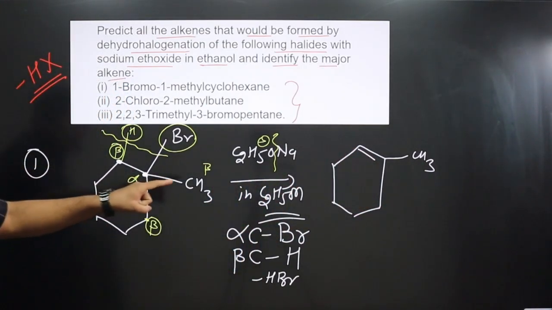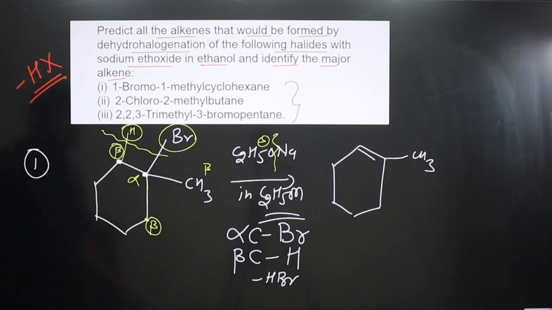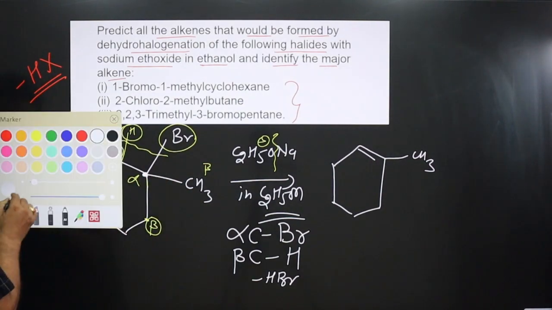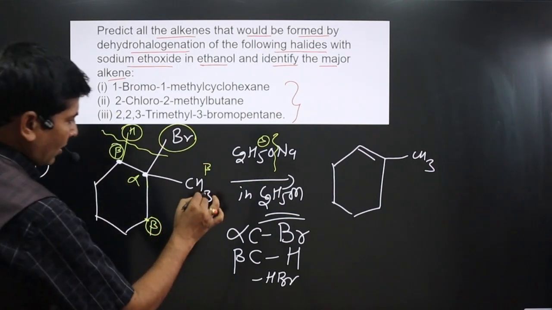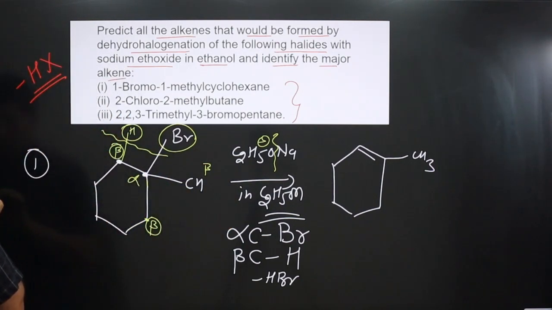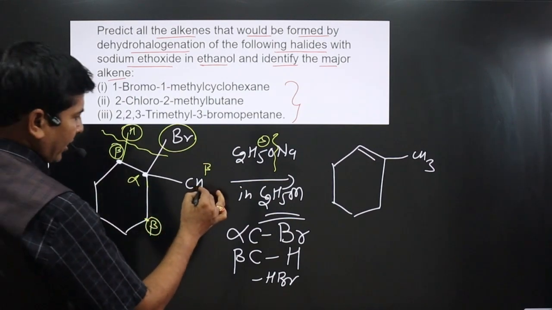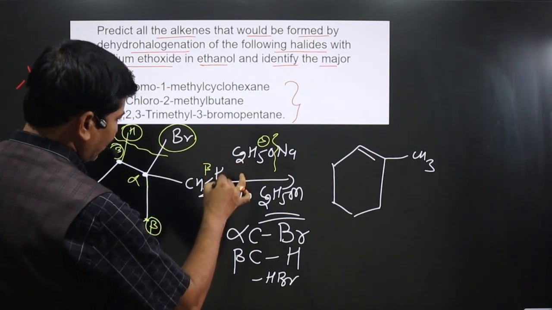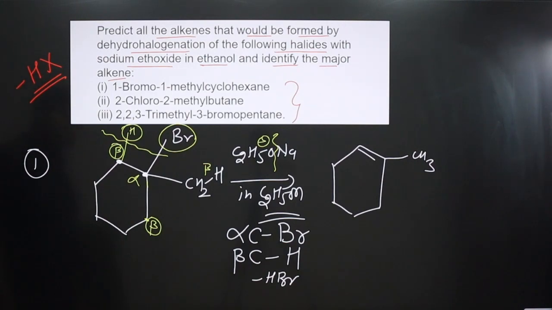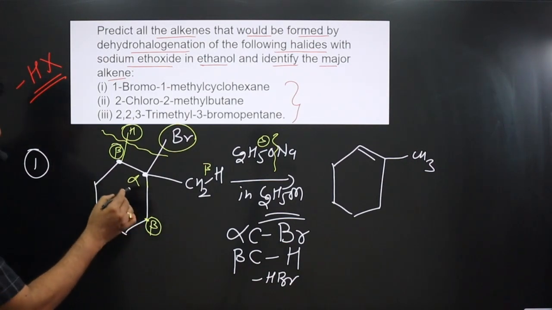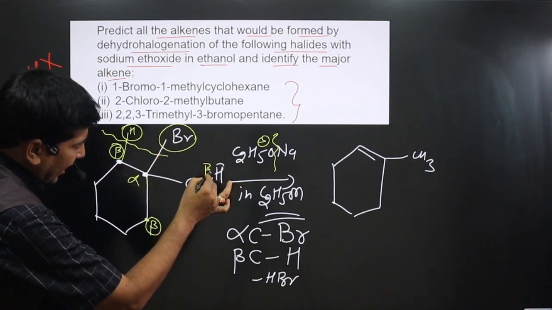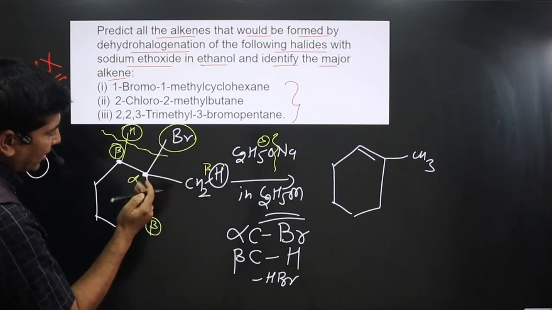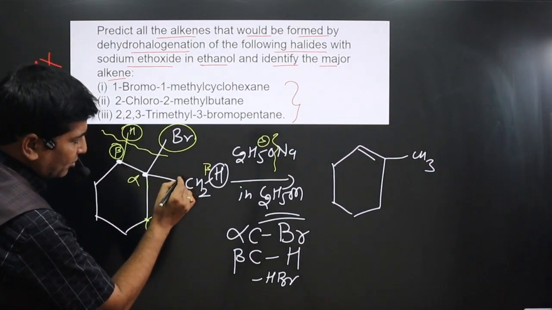Now if I consider the other beta carbon, the CH3, I can write it as CH2 and H, the same thing. From the alpha carbon Br is removed, from the beta carbon this H is removed, and the double bond will come here to satisfy the valency.